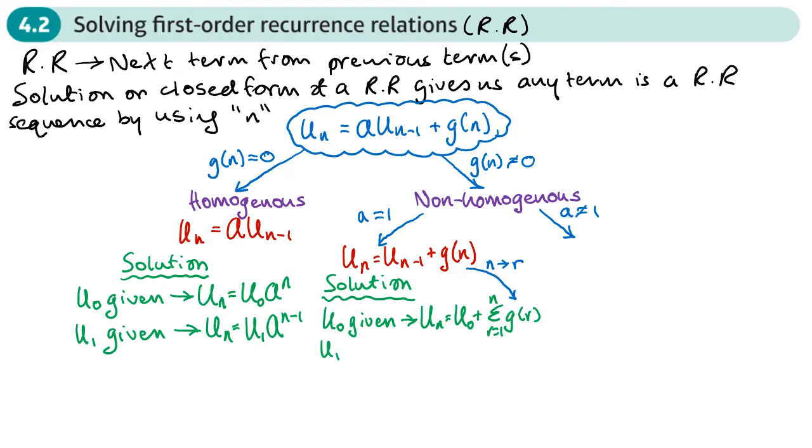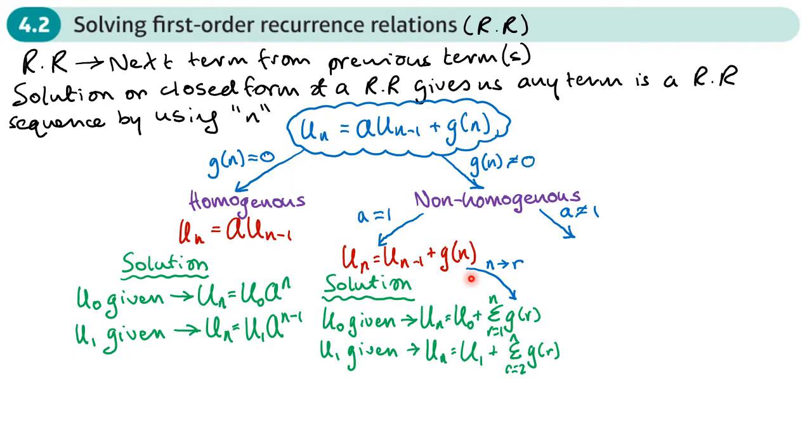If, however, u1 is given, then the general solution becomes un equals u1 plus the sum of g of r, but from r equals 2 to n. And again, just like before, whatever g of n is, we replace n with r, and we find the sum of it from r equals 2 to n.